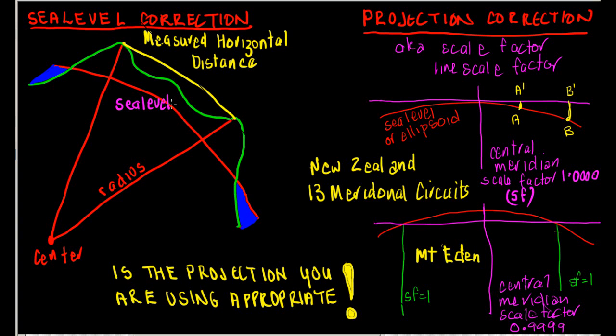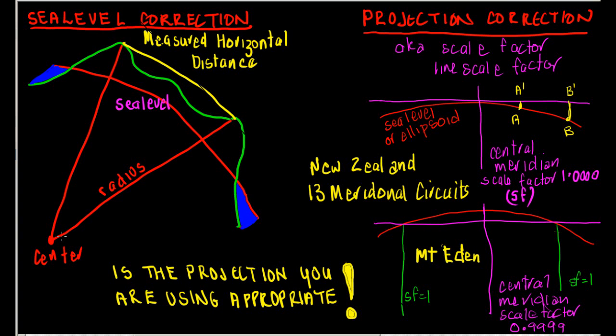So we apply this sea level correction, and the formulas for that again are fairly widely published and reasonably easy to follow, and the detail is not going to be discussed here.